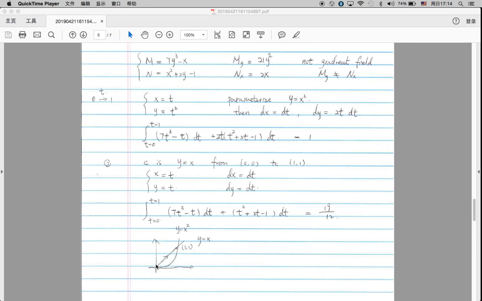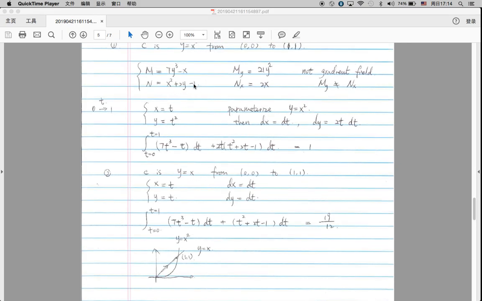Now in our second example, we calculate the same integral over a different path, from this point to this point here. Even though we end up with the same starting point and ending point, we have a different curve here.